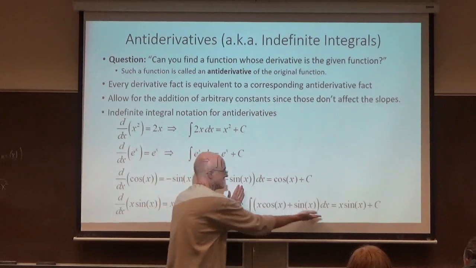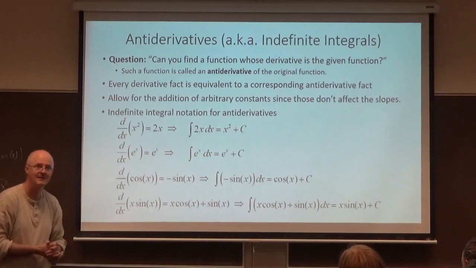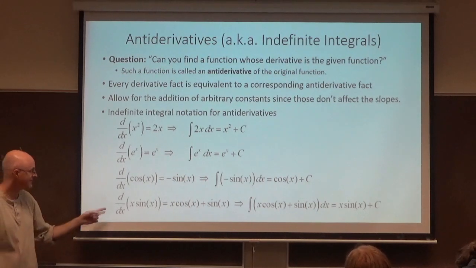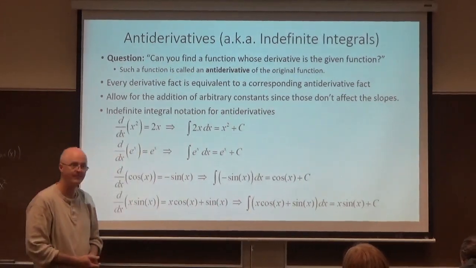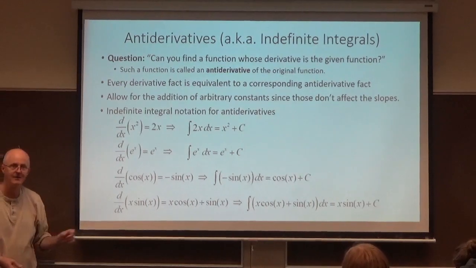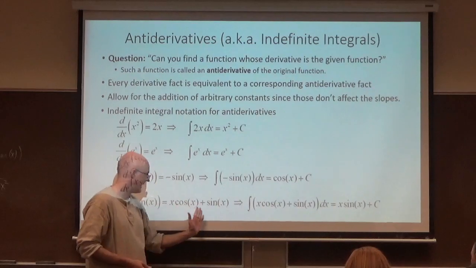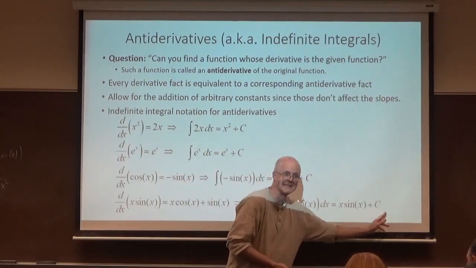If I just wrote this and said, what's the answer, it would not be obvious by any means. But because I can take the derivative of this and get this, that does mean this is true. Get what I'm saying? Because the derivative of this is this, the most general antiderivative of this, which I have right here, is the original function plus c.